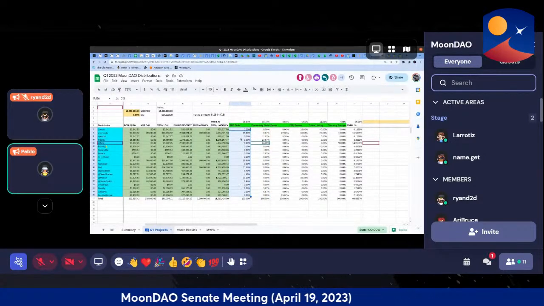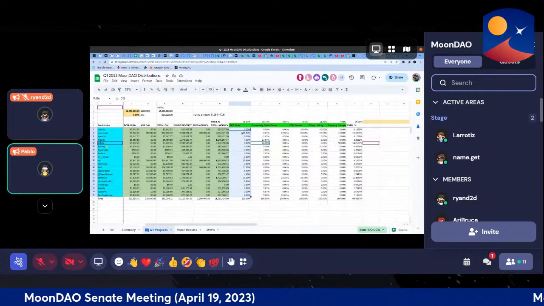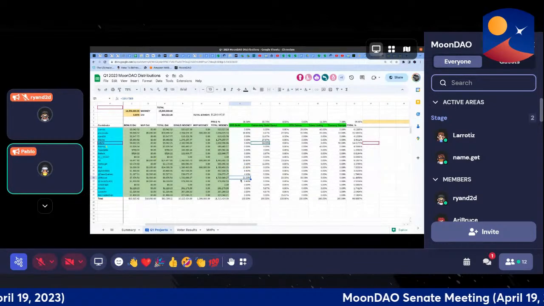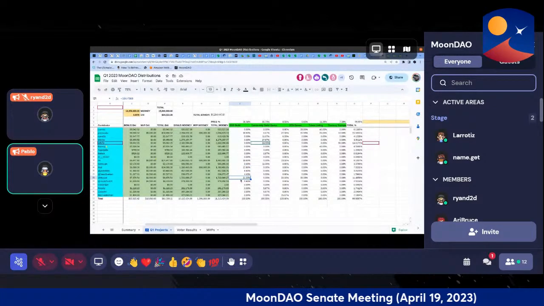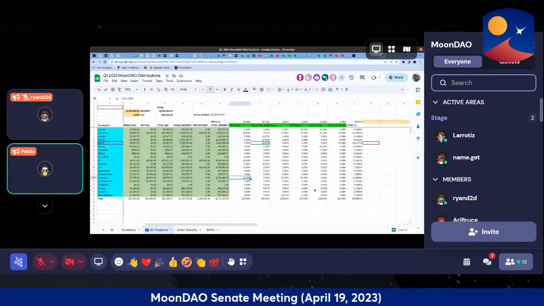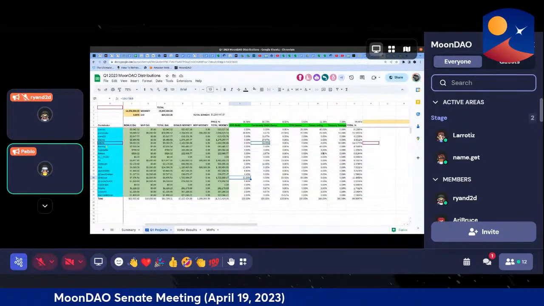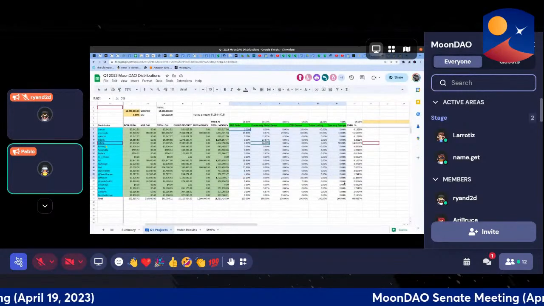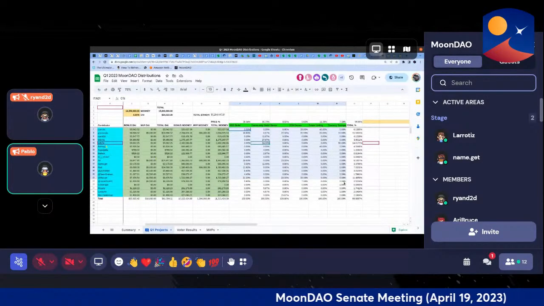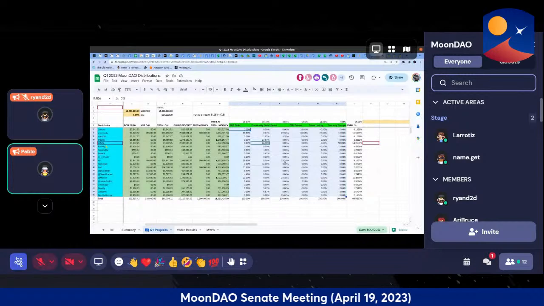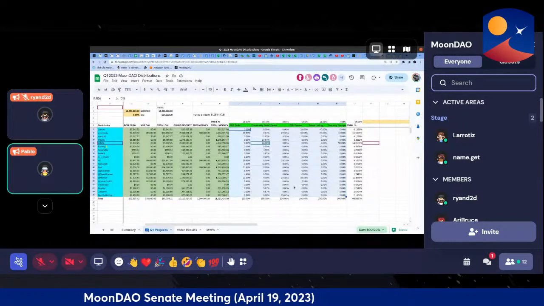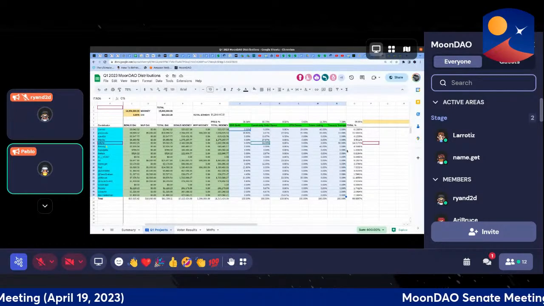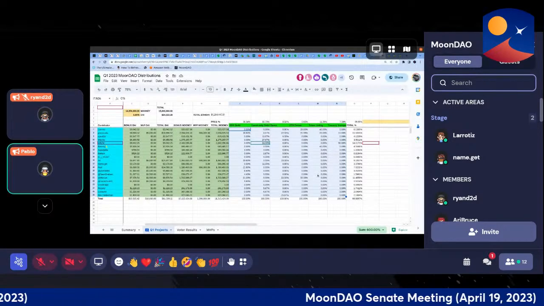He just DM'd me his numbers, and I input them here. I think for transparency's sake, we should take each of the coordinates and make them open so that people can view them. For each team, we should double check the numbers and make sure that they're all accurate. But as I mentioned, we're still waiting on a couple people to input their coordinate numbers.